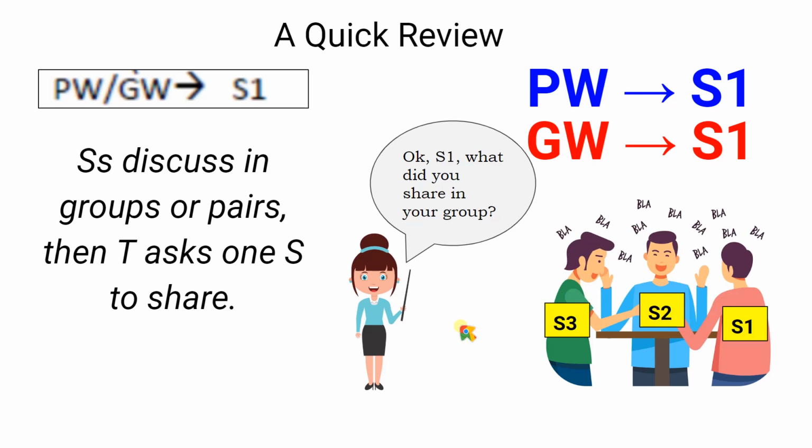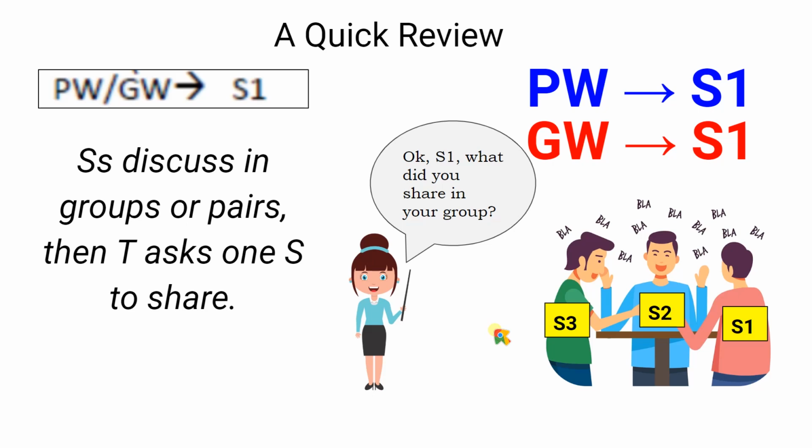And of course, the value here, just like many of these interaction techniques, is notice that the students get a chance to practice with their friends before they practice with the whole class. So this will improve the quality of their output when they share, and this will lower their affective filters, so to speak.